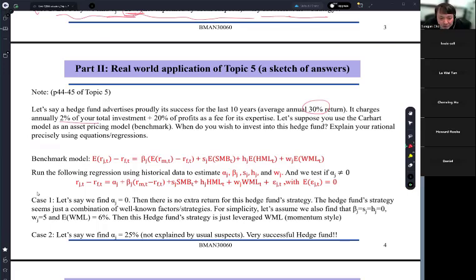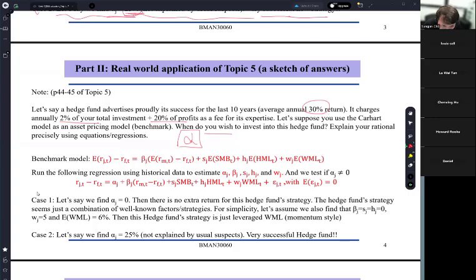You have to pay 2% of your total investment and 20% of your profit as a fee. Do you really want to invest in this hedge fund? In order to think about that, you have to think about alpha, whether this hedge fund strategy generates alpha or not. If this hedge fund just produces well-known risk premiums, there is no reason to invest in it.